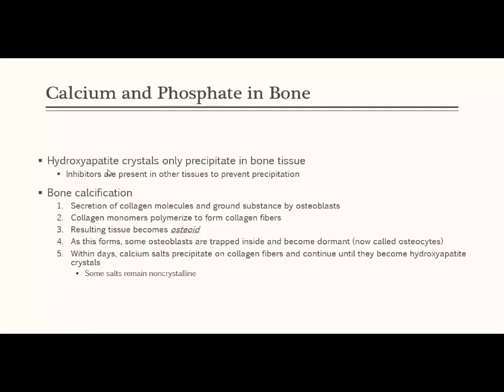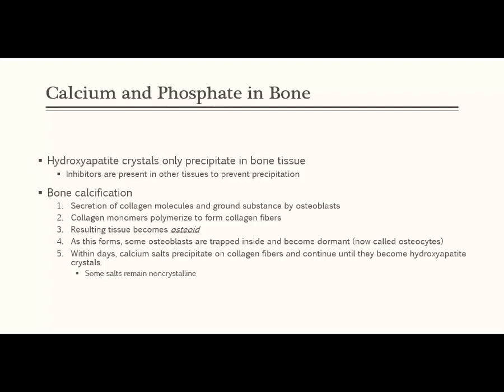Well, osteoblasts, they're making collagen molecules, right? What do cells do that are anabolic cells, that are creating cells? They make proteins. And in the case of osteoblasts, they're making and secreting collagen and ground substance, which are proteoglycans. And the collagen monomers polymerize to form collagen fibers.